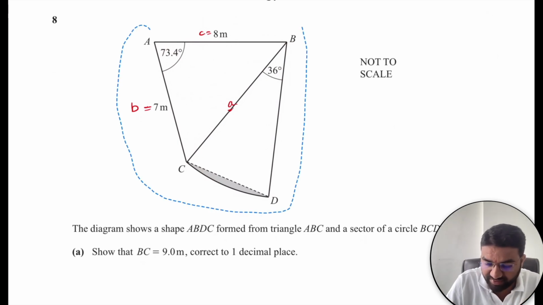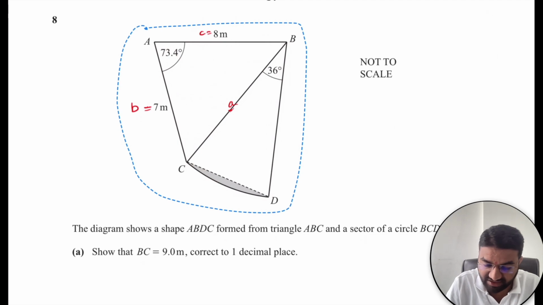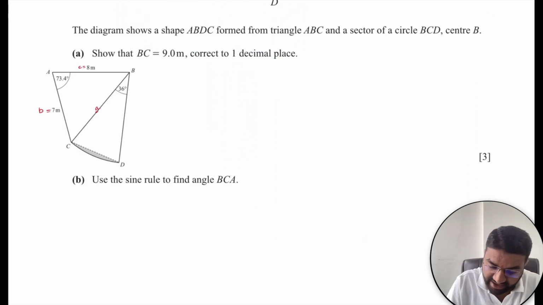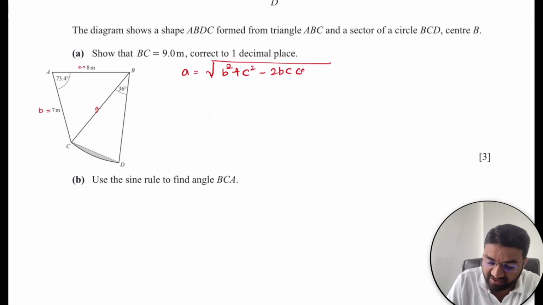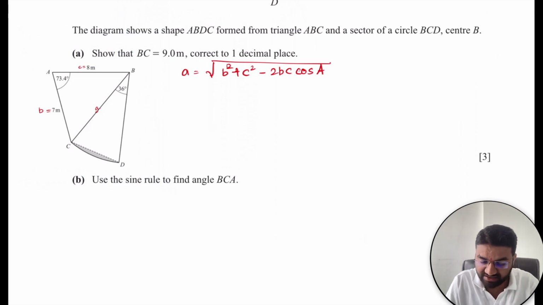So I will just copy this diagram as well so that it will be easy for us to solve the question, fine. Here we have to calculate a, so a equals square root of b square plus c square minus 2bc cos of angle between these two, which is A, right?